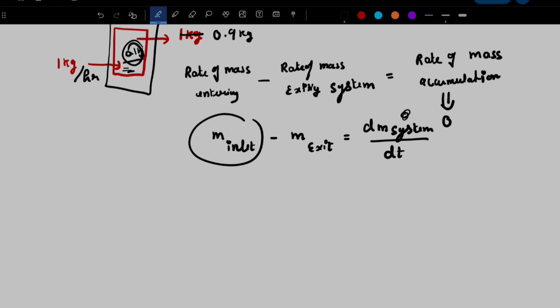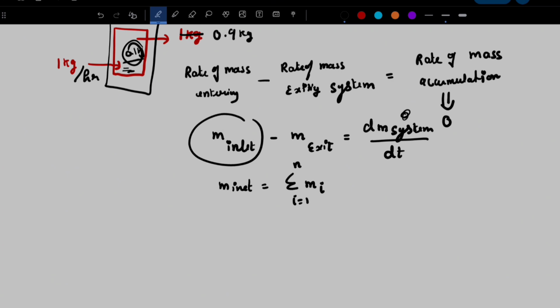So to calculate the mass inlet, you can say it's a summation of overall mass, the summation of m_i, where i means inlet. Here i can be from 1 all the way to n, depending on how much liquid has gotten in. That's it. This is the simplest equation of the law of conservation of mass.